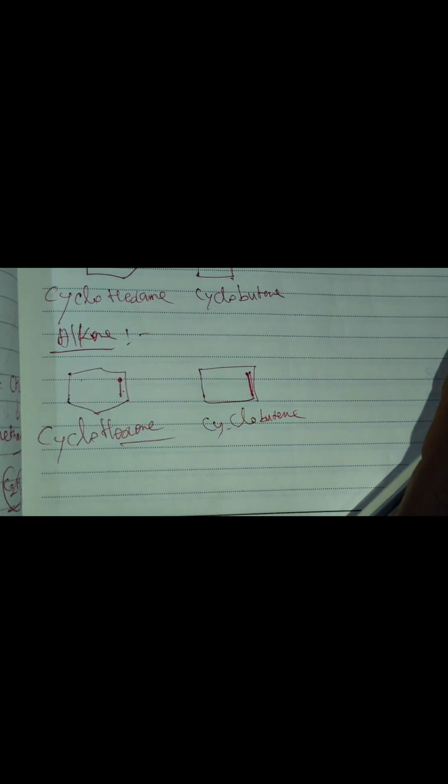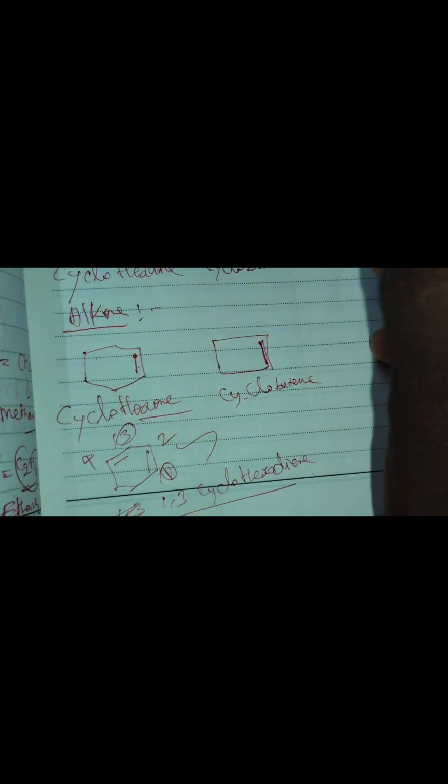If any compound has that, we can indicate the position of the double bond. For example, here is a double bond and here is a double bond. We can number 1, 2, 3, 4, where the double bonds are present. See, this first carbon and this third carbon. So it is 1,3-cyclohexadiene. This is the name, a cyclic compound of alkene.